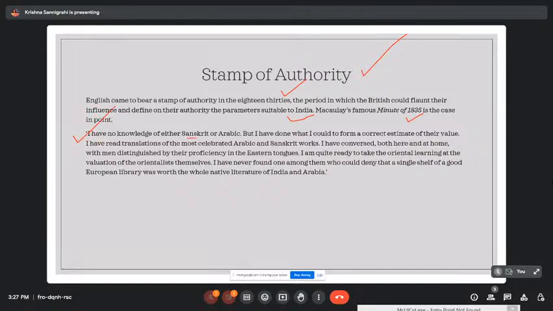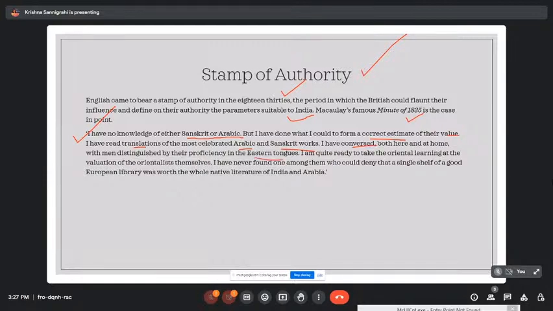Who is saying this? I have no knowledge of either Sanskrit or Arabic, but I have done what I could to form a correct estimate of their value. I have read translations of the most celebrated Arabic and Sanskrit works. I have conversed both here and at home with men distinguished by their proficiency in the Eastern tongues.